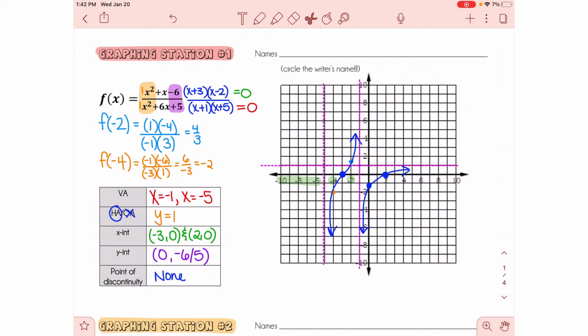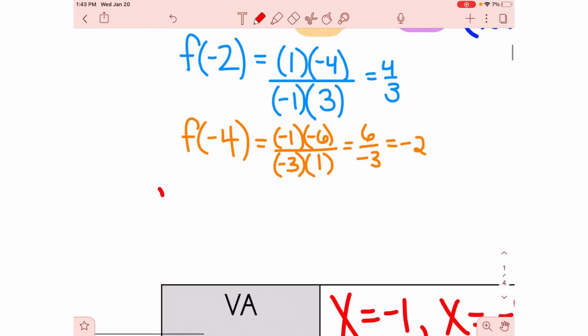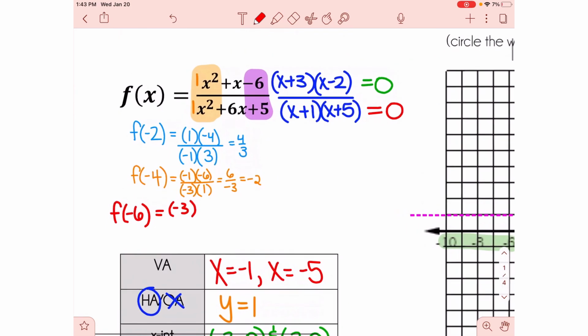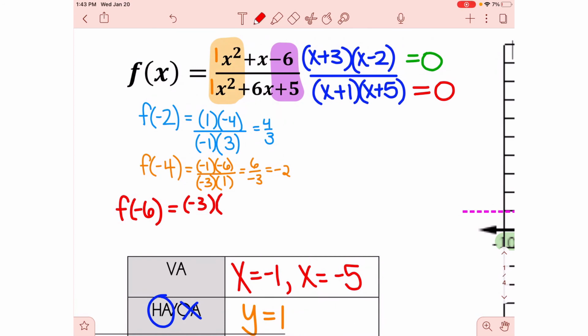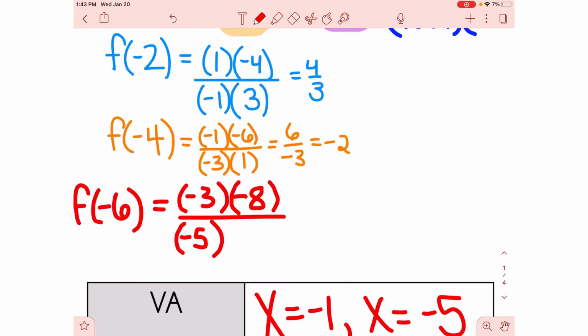So let's go ahead and find f of -6. I'm going to pick that because it's closest to the asymptote. Usually we get a little bit nicer numbers. So f of -6. On top, -6 plus 3 is -3. -6 minus 2 is -8. And then -6 plus 1 and -6 plus 5.